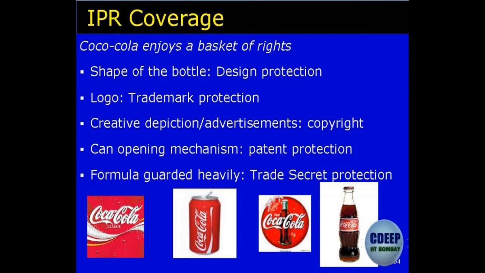The can opening mechanism of the Coca-Cola can is patented, and all the advertisement and creative depiction is under copyright. The formula is not a patentable invention, of course, because it is only an admixture of some sweetener in carbonated soft drinks. So the formula is heavily guarded as a trade secret.